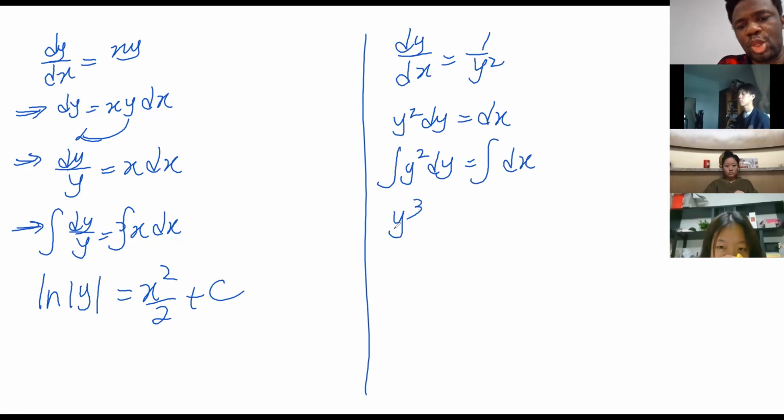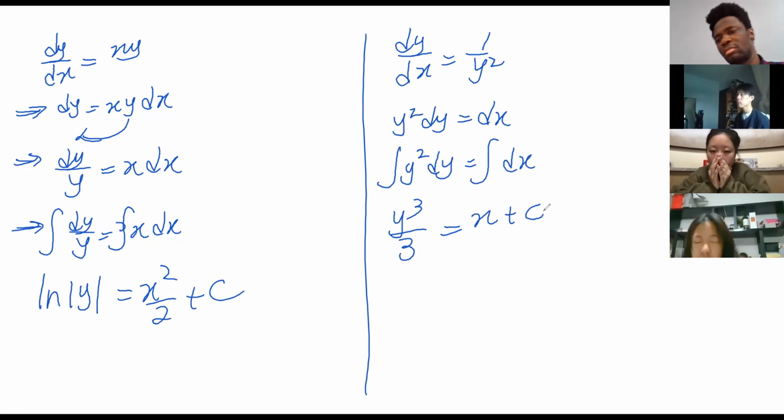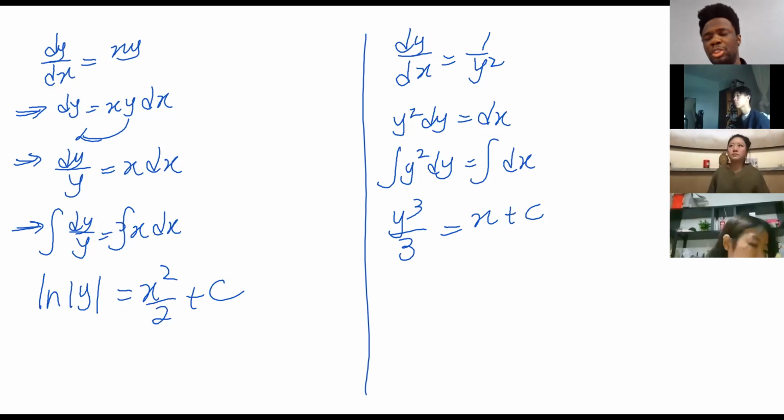Then I have my y cubed over 3 is equal to x plus c, and the rest continues. So if looking at cross multiply makes life easier for you, please go for it. If you understand the multiplying, integrating with respect to x and canceling like it is done in that example, go for it. Understand?